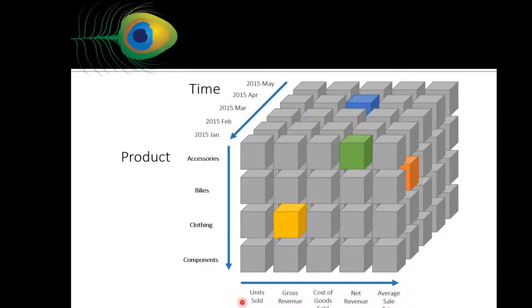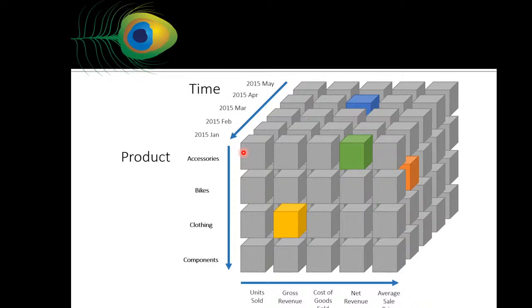These are the facts, right? Units, gross revenue, cost of goods sold, net revenue, average sales, and these are the items: accessories, bikes, clothes, and components. And this is a time constraint, right? So now I'll ask you, find out the number of units sold for clothing in the year 2015 Feb.